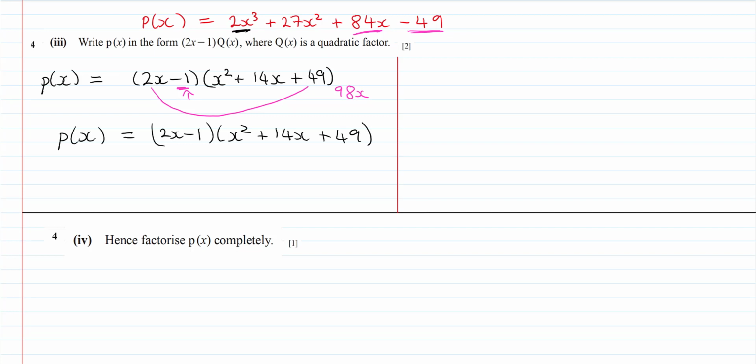Now the other way we could have done this is to use algebraic long division. So we'll have a go at doing it that way. So we know our p of x, well, that was 2x cubed plus 27x squared plus 84x minus 49. Now we know 2x minus 1 is a factor, so if we divide this by 2x minus 1, then we can find out our quadratic factor.